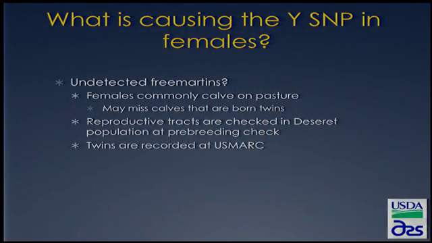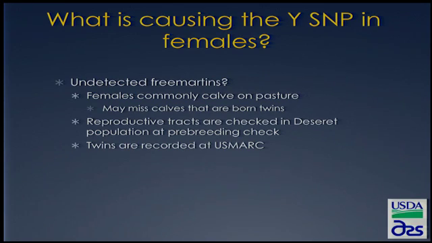So one of the things we first thought of when we saw this Y is, are we seeing undetected freemartins, not females? Because these females commonly calve on pasture, so it is possible that maybe a twin is not being detected. However, when I talked to the Deseret Ranch, they do pre-breed scanning where they do track scores, and any track that looks questionable, that animal gets culled right away.